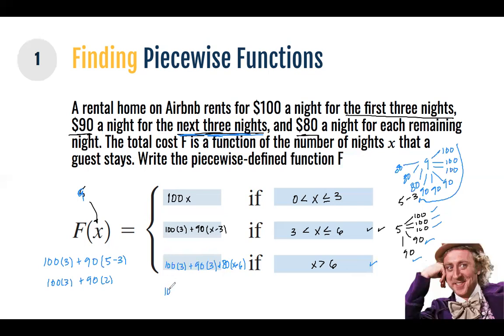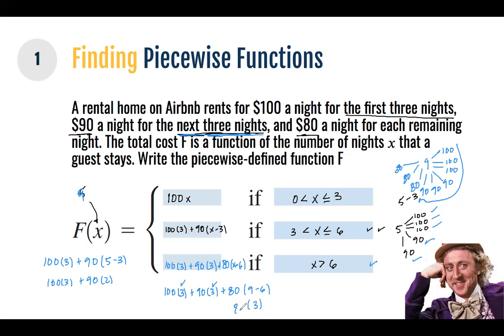We're going to have 100 times 3. That's the price of the first 3 nights. Then 90 times 3, because I have already paid 6 nights, 3 at 100, 3 at 90, and I have to see that the rest is going to be 80 times 9 minus the 6 nights I have already considered here and here. So 9 minus 6, that's 3.